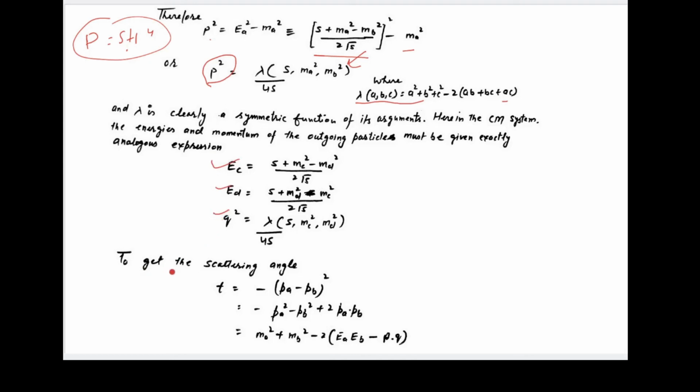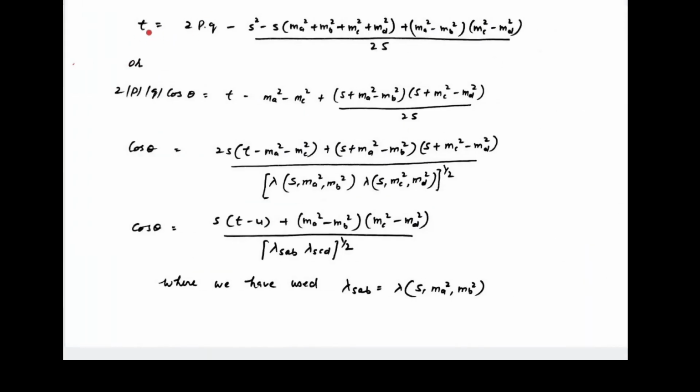Now to find the scattering angle, let us start with T. T is equal to minus PA minus PB square. Opening this, we get this. Now rearranging the previous equations, we get this. Now taking this side and the rest on this side, we get 2PQ cos theta, where theta is the angle between P and Q. After solving it, we get this.